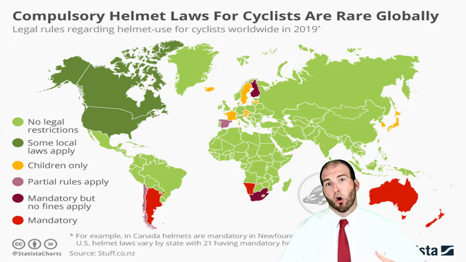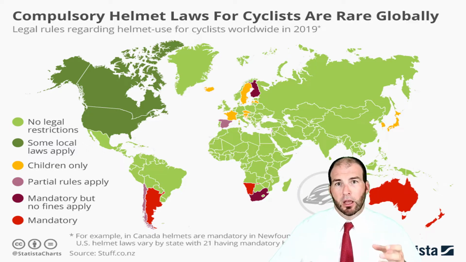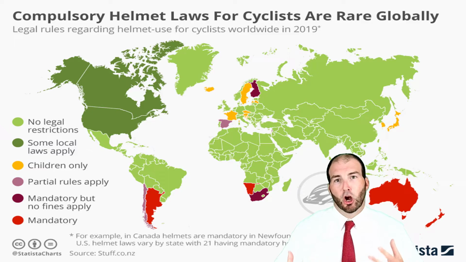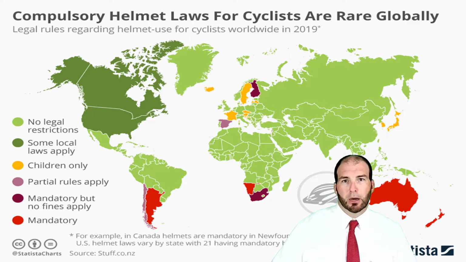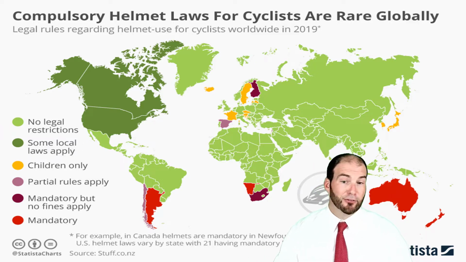Now, why is that? Well, we're just talking about cyclists here. You could really take any law and see how it's different around the world, if it exists or not in different places. Laws are created by the culture in which they are designed. So people in America are going to feel different about helmet laws than people in Australia.